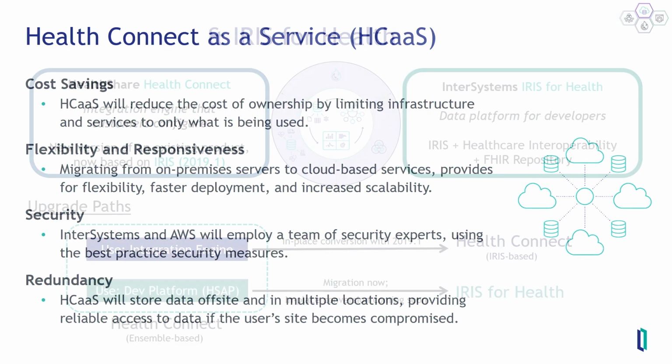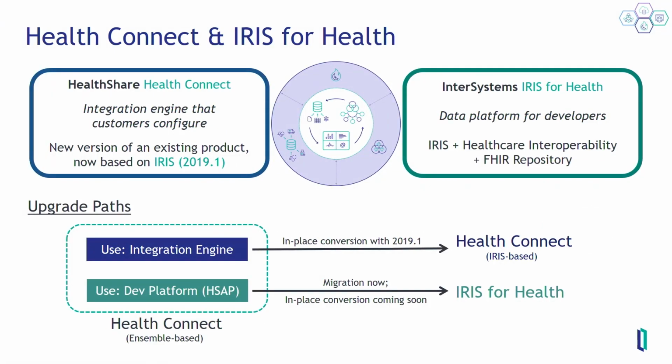Before I end my overview of all these new and upcoming features, let me do a quick description of the key differences between Health Connect and Iris for Health. On your left, we have HealthShare Health Connect. As I mentioned before, it's an integration engine that customers configure with minimal development. And now it's entirely based on Iris.